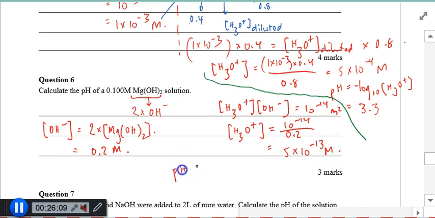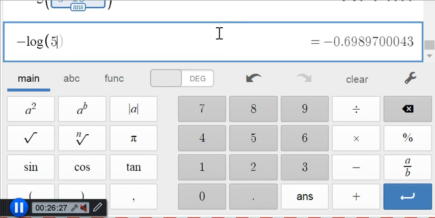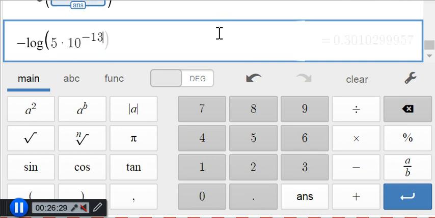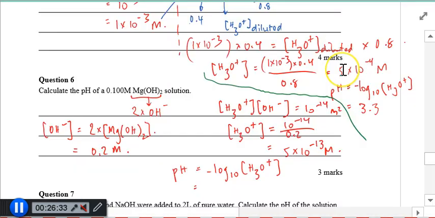So pH is negative log 10 of the concentration of hydronium ions, which is 5 times 10 to negative 13. And that should give you your pH. Just make sure your number is bigger than 7 because you're dealing with a base. So 12.3. Yep, 12.3.